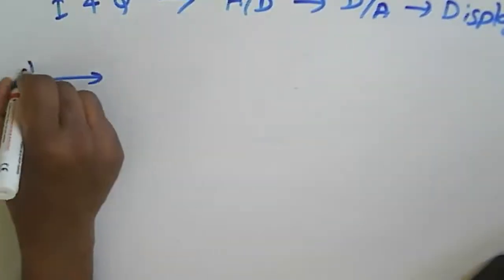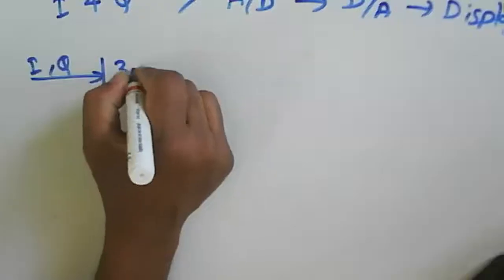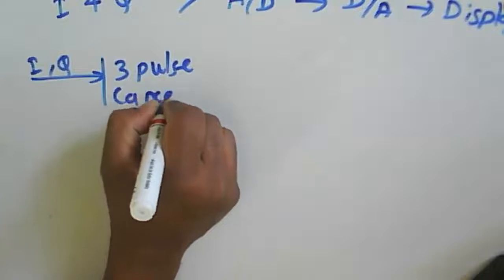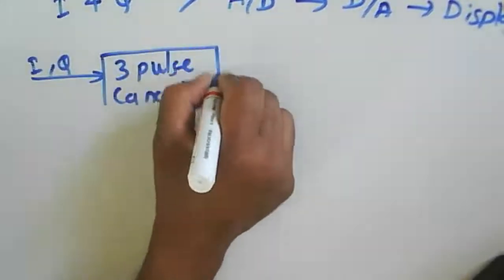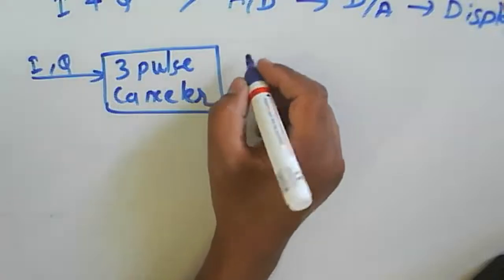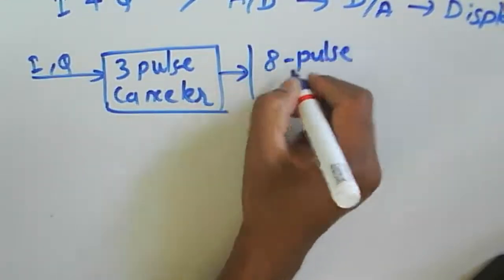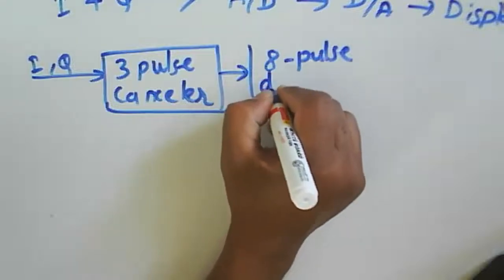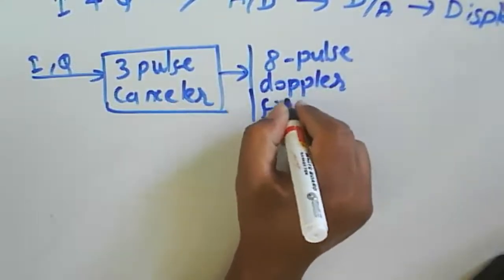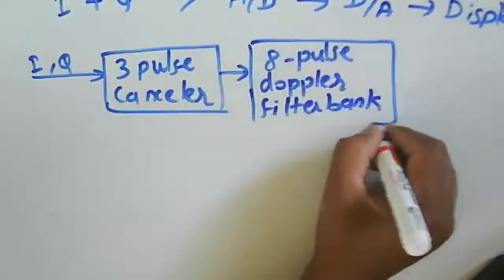Then a 3 pulse canceller, then an 8 pulse Doppler filter bank here.